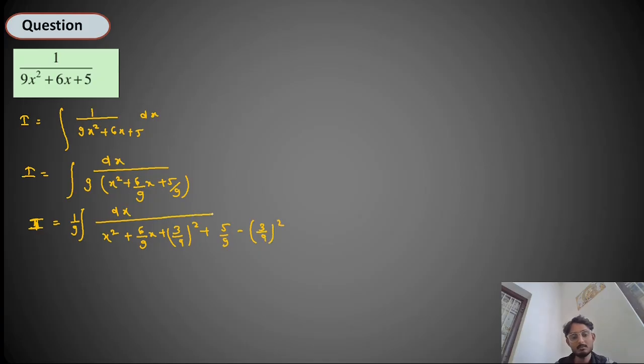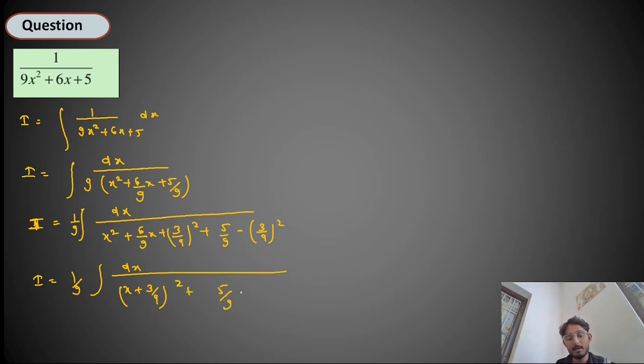Now you will get I equal to 1 upon 9, dx. a square plus 2ab plus b square gives a plus b whole square, and here plus 5 upon 9 minus the square of 3, which is 9, and the square of 9 is 81.